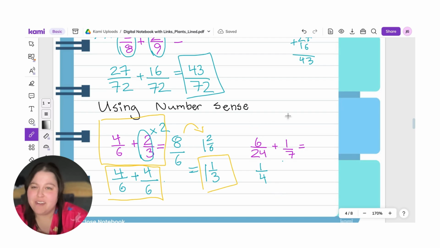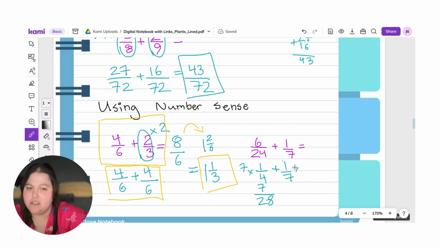Some of us need to write it out, and that is absolutely perfect. So now I have 1 over 4 plus 1 over 7, and my problem gets much, much easier because I know 4 times 7 is 28, and then 1 times 7 would have given me 7, so 7 over 28. I'll write that down. I'm multiplying by the opposite denominator.